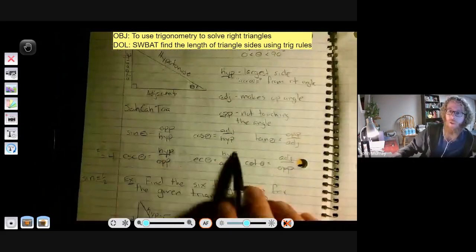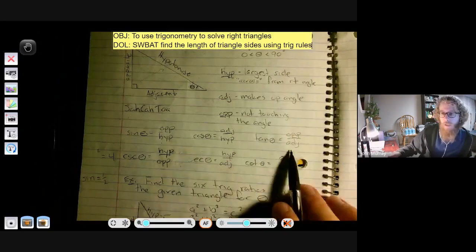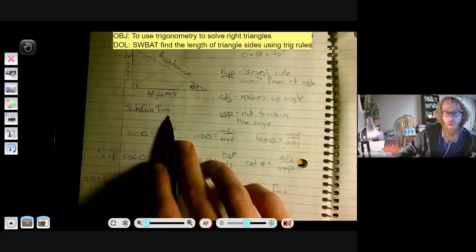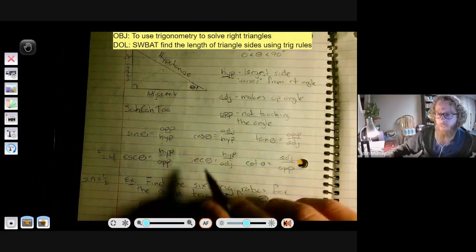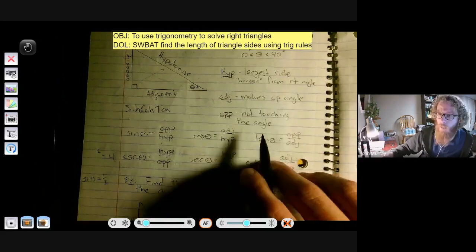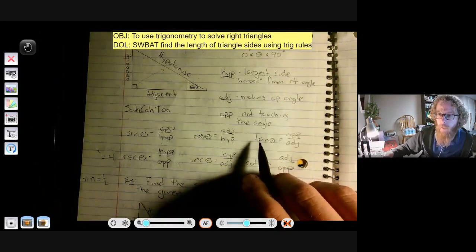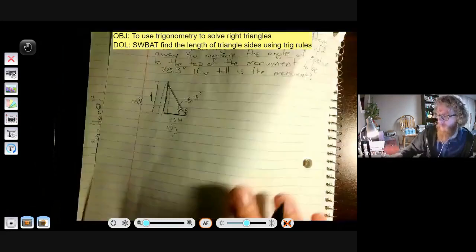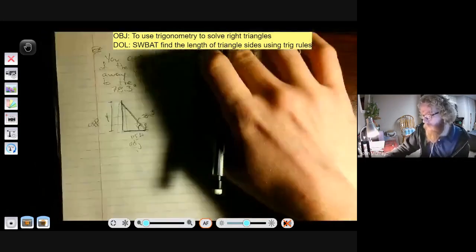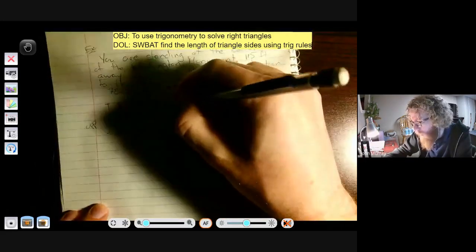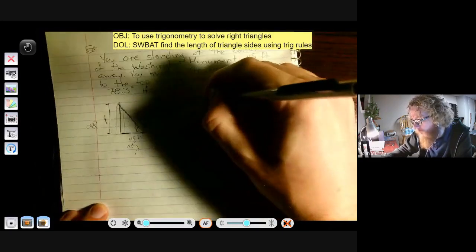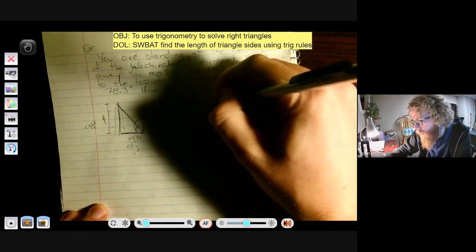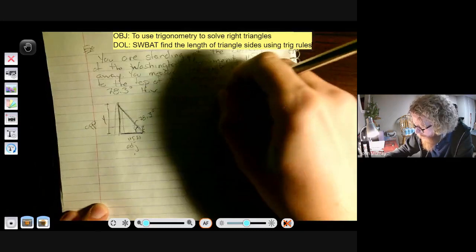You're looking for opposite and adjacent, or if you remember SOHCAHTOA, you can use that as well. So opposite and adjacent, we're going to be dealing with the tangent. Right now, I'm just going to write out the rule for tangent. The tangent of my angle is going to be the opposite side over the adjacent side.